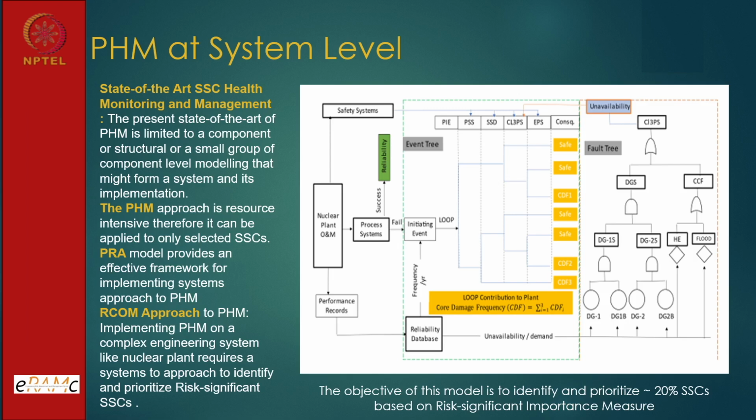I was telling you about system level. Why do you need system level? Let us accept that PHM is a very expensive, resource-consuming option. It is not possible to install a PHM system on all the components, but definitely it can be installed on life-limiting components, that is one criterion, and second, those ranking very high on safety importance.